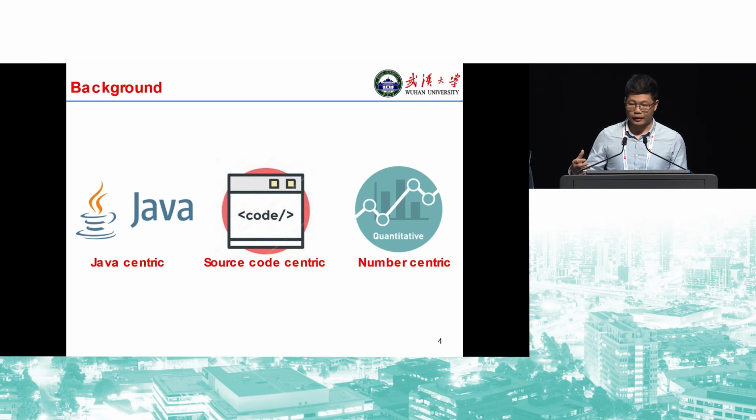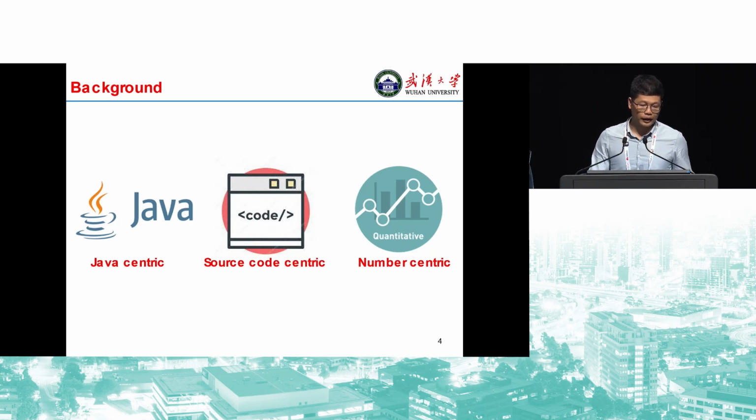Actually, there are many studies which report the effectiveness of different clone detection techniques based on the existing clone evaluation benchmarks. But unfortunately, the existing studies suffer from three main issues. The first issue is Java-centric, because prior studies mainly report the effectiveness of different clone detection techniques running on Java-based systems.